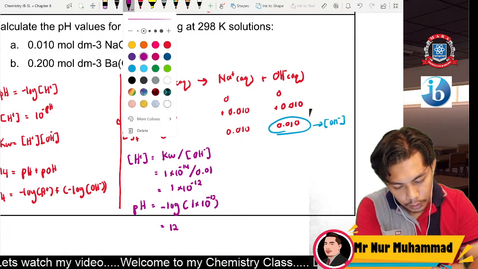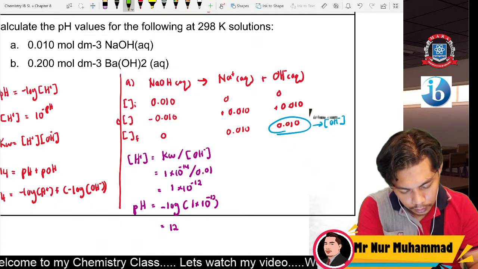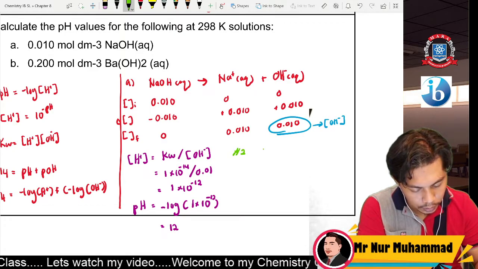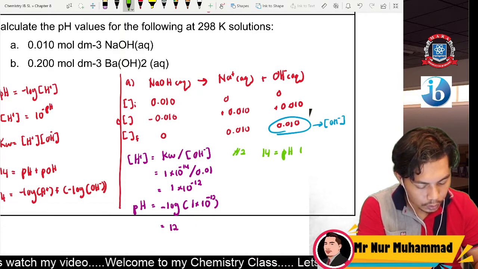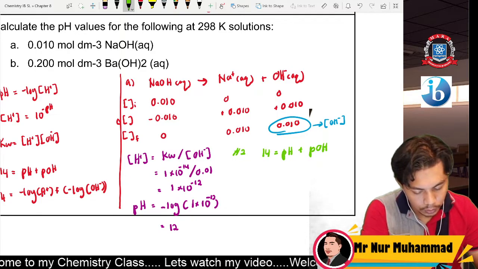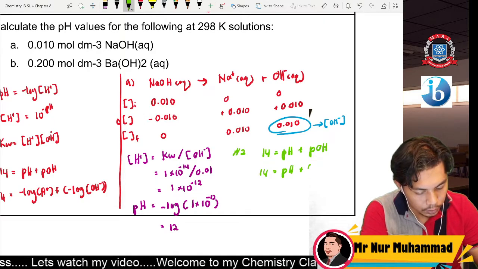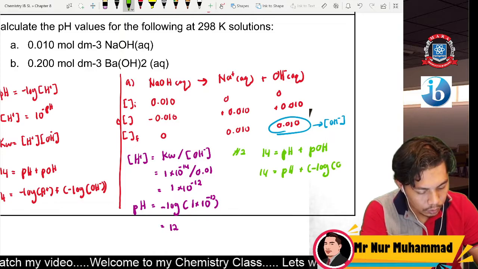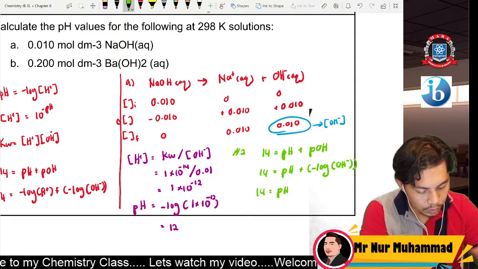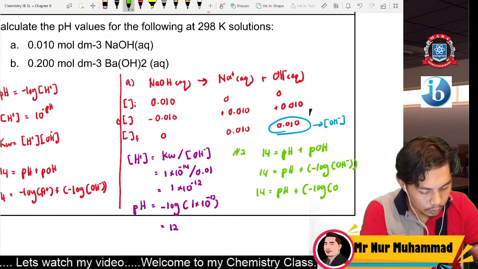The second method, we can use 14 equal to pH plus pOH. So 14 equal to pH plus pOH, where pOH is equal to negative log concentration of hydroxide ion, negative log 0.01.